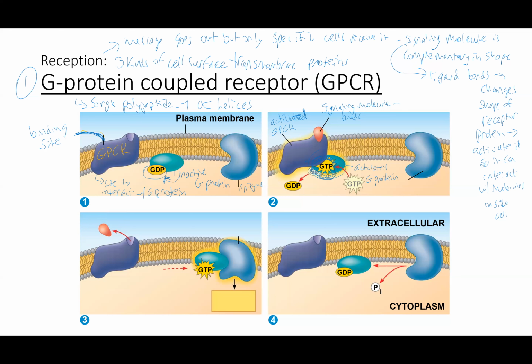In step 3, the G protein is going to dissociate from the GPCR.